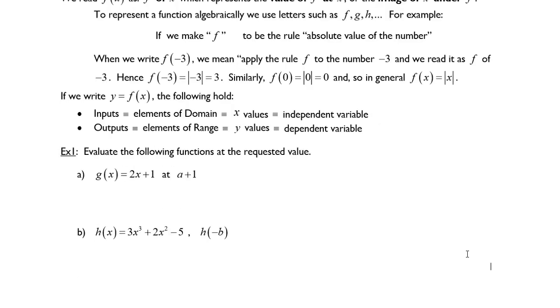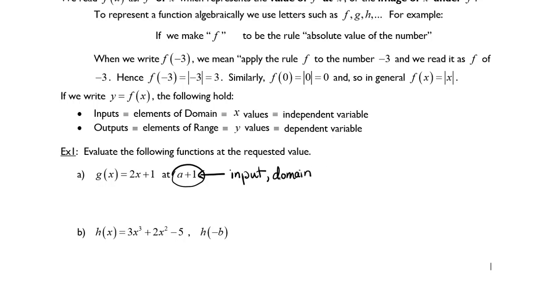Let's look at the first two examples in exercise 1. We have g of x equals 2x plus 1. We want to evaluate this at a plus 1, so our input is a plus 1. We could also think of this, or call this, the domain.